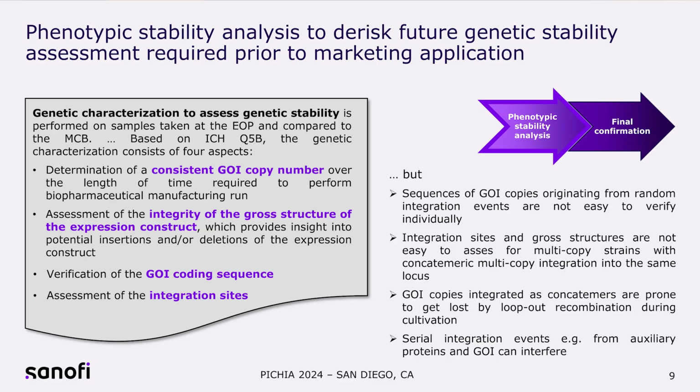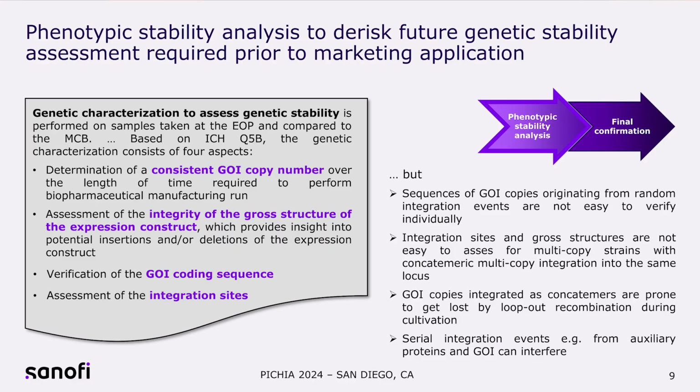But there are some burdensome challenges that go together with that. If you think about random integration approaches, and we have also seen that in some talks before, you typically end up with expression cassettes that are serially integrated into the same locus, some concatemeric constructs, and it's not easy to assess them in multi-copy strains.